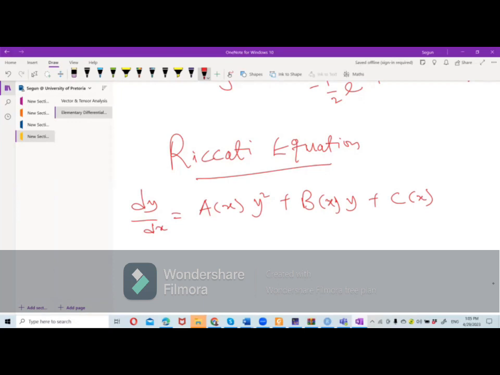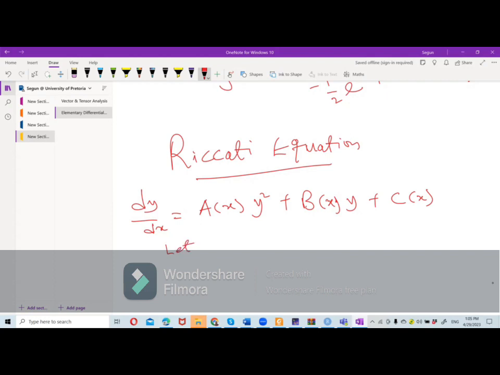The Riccati equation is quadratic in the dependent variable, whereby you have v equals v of x and y1 equals y particular. The v is also a variable of x. So now let's look at this.